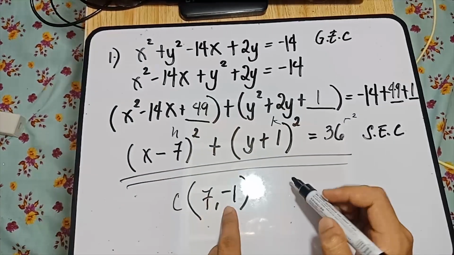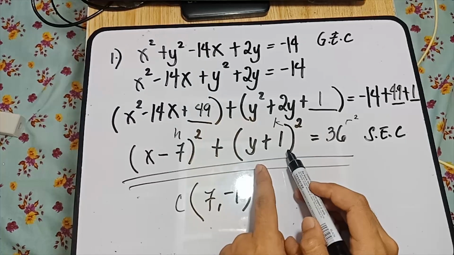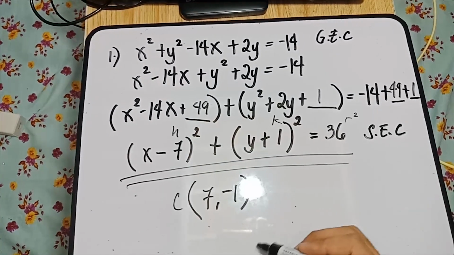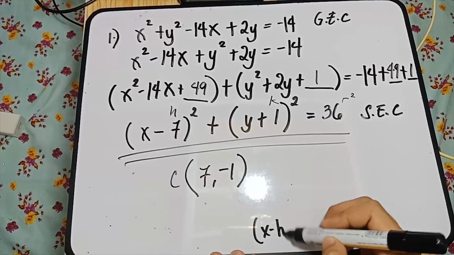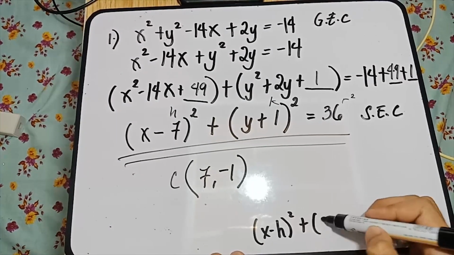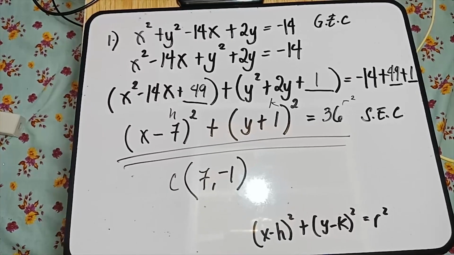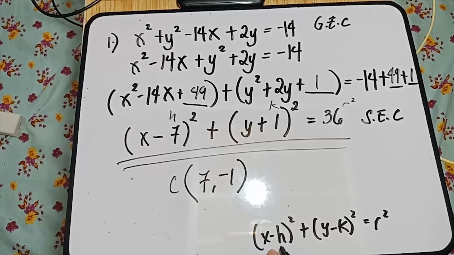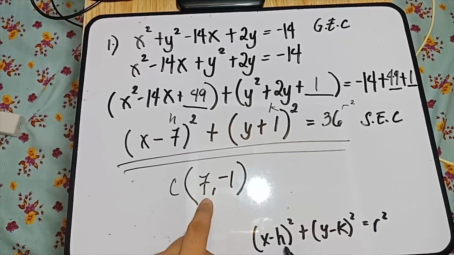Bakit ba naging negative 1 yun? Kasi positive 2 eh. Alam naman natin na yung ating standard form ng circle ay x minus h squared plus y minus k squared equals r squared. So, eto, yung h natin, 7, positive 7.